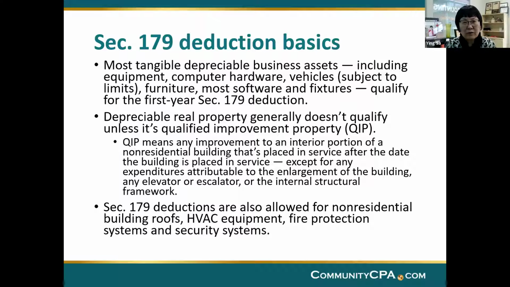And what type of things can go into Section 179? I want to tell you that if you bought a commercial property, there's only kind of two categories you can do Section 179. Number one is the interior portion of the non-residential buildings work, like painting, interior work, interior fixtures, things like that.